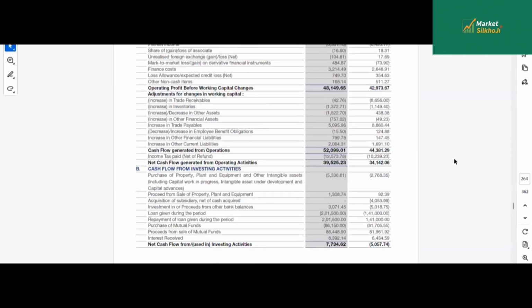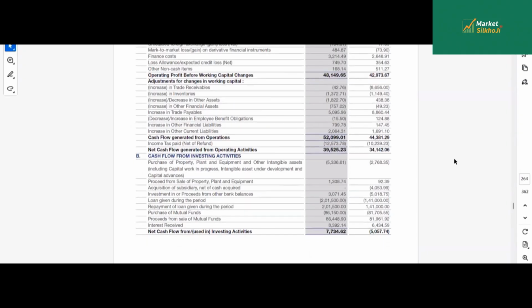That's good news. And if you look at the capex also, you can see here 53 crores buying plant and machinery and all. Last year 27 crores. They sold some assets also. So as you can see, this is the capex. These two line items are basically capex, and here also you can see acquisition of a subsidiary.